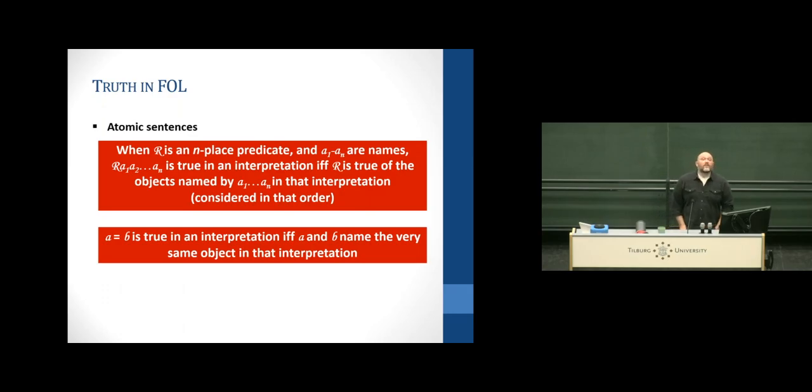That's just a nice way to say, right, if you've got, say, Zm or Zn, if you remember, Z was that predicate we defined a few slides ago, which was the extension of me, the Eiffel Tower, anyone who's ever lived in Tilburg. Zn is true in an interpretation if n, the thing named by n, is in the extension of the predicate Z. It's false if the thing named isn't.